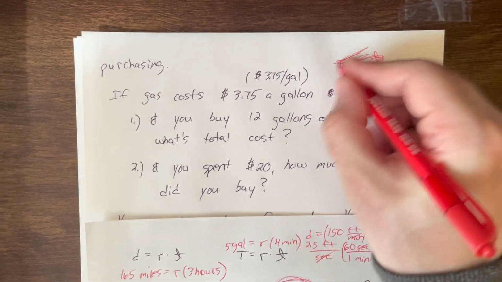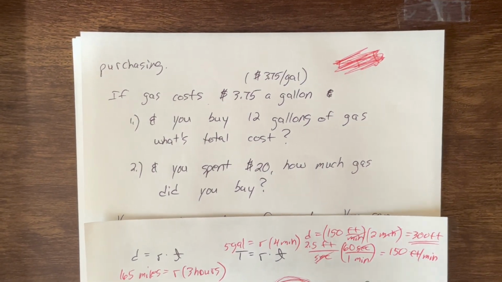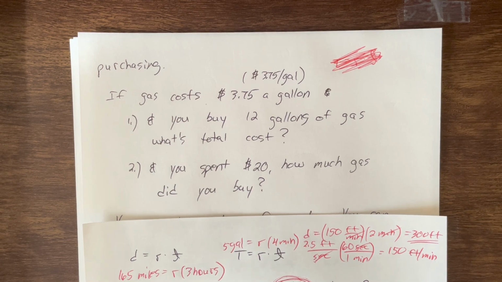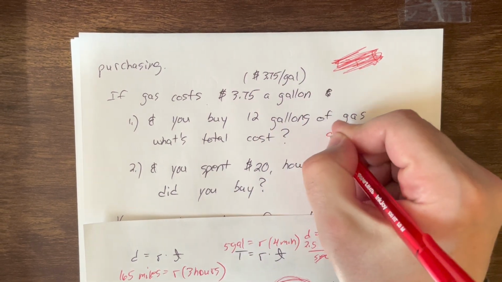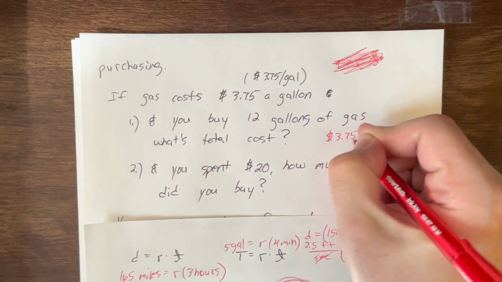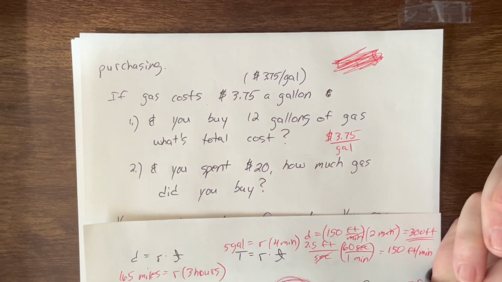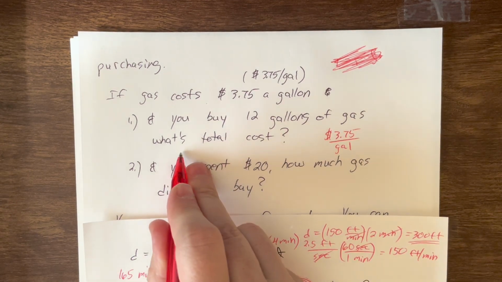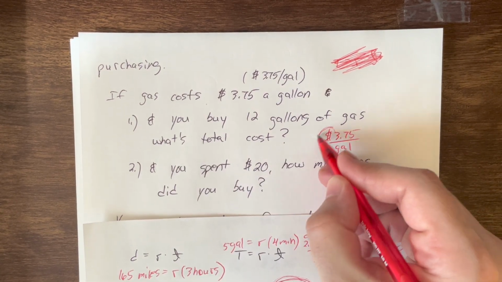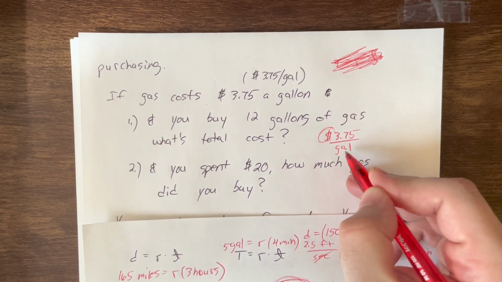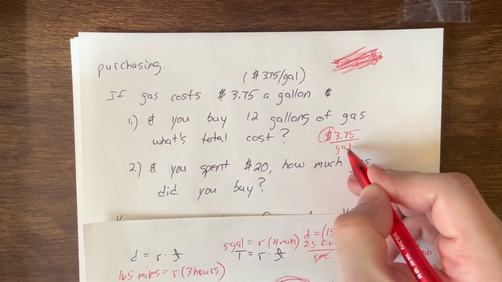So that's why, again, let's try and not just use that formula, but understand the units. You've got $3.75 per gallon. If I'm looking at the total cost, my units here are just going to be dollars. So that means gallons needs to cancel.